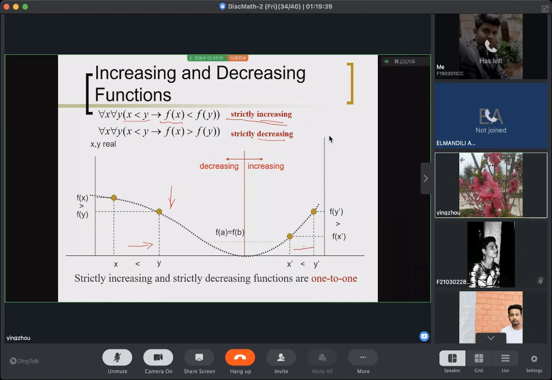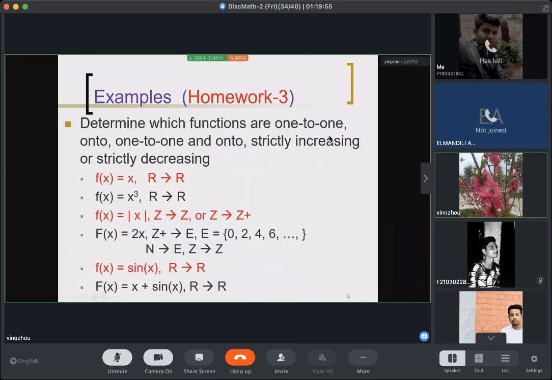Here, when x increases and y also increases, that is increasing, and otherwise decreasing. And from this, okay. Now here I just give you the second question.